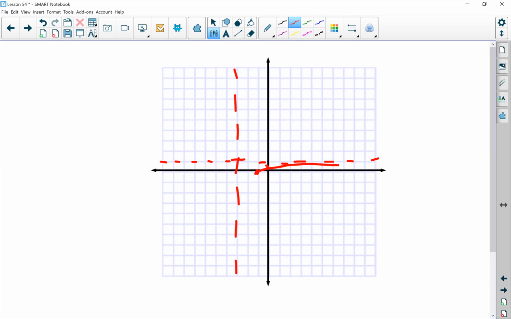So this is going to go like this. And this way, as I move toward this asymptote, I can't cross the asymptote. So I just have to continue to go down and kind of hug it.